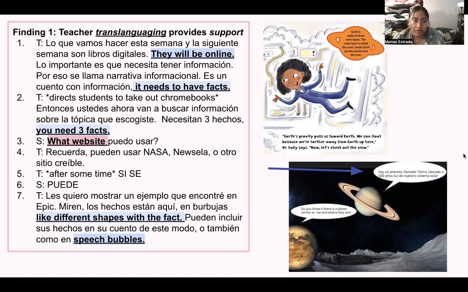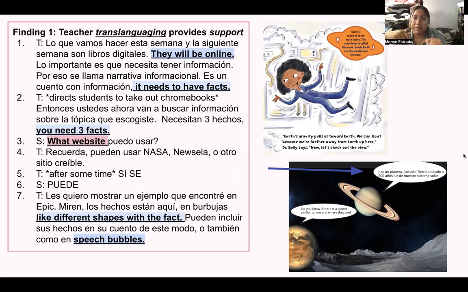But the main reason I wanted to show it was because it has the little Saturn picture, and in that Saturn drawing bubble, it has a fact. And if you look right below it, one of my students decided to write about Saturn or the planets, and he chose to have the planet have a speech bubble with a fact.